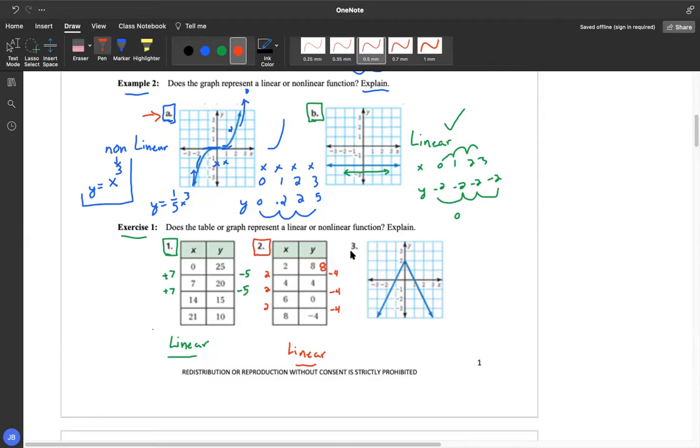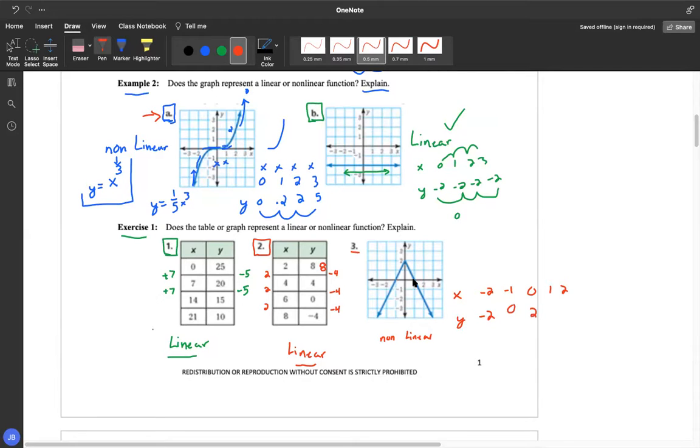Let's see. Alina, would you like to try number 3? Is this linear or non-linear? I think it's non-linear because it's not like a straight line. Okay, because it's not a straight line, right? And we have a different rate of change. So looking here at x, from -2, -1, 0, 1, and 2, y at -2 is -2. When x is -1, y is 0.